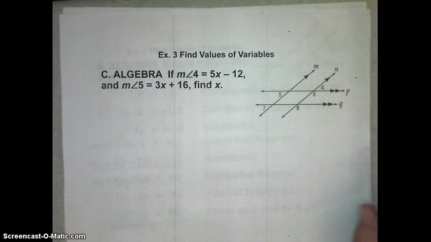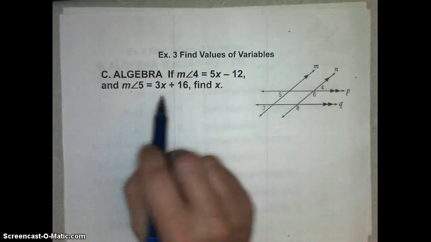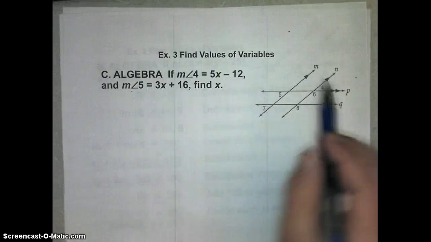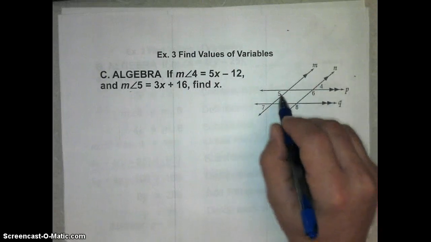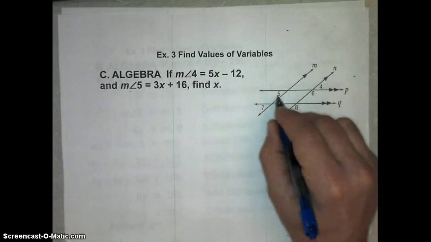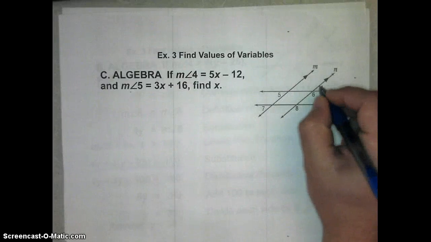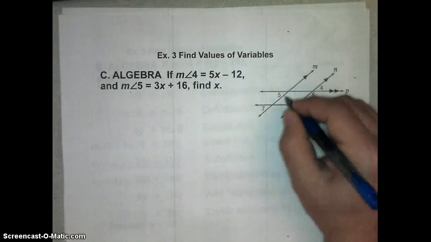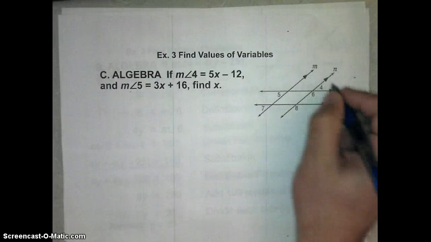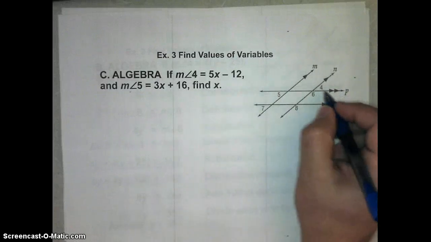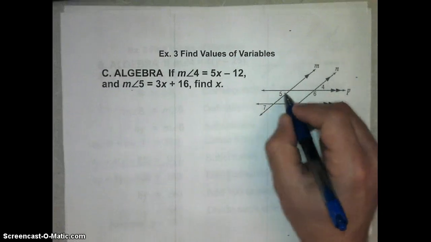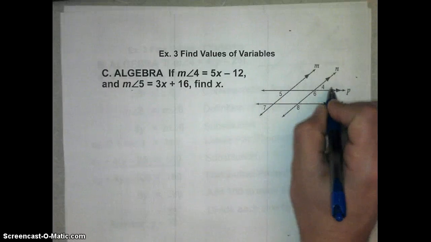All right, on example 3c, we're again talking about angle 4, but now we're going to talk about angle 5 with that. Now angles 4 and 5 here are along these two lines along transversal P. So we're shifting what we talk about as the transversal. 4 and 5 would be alternate exterior angles.